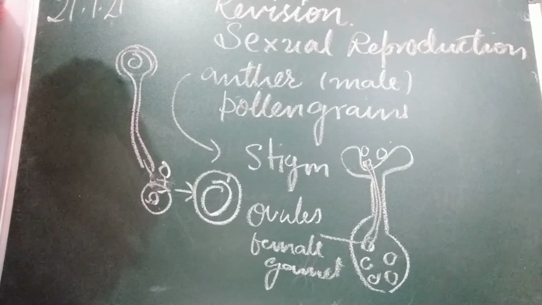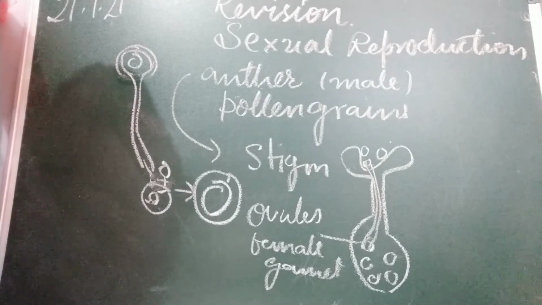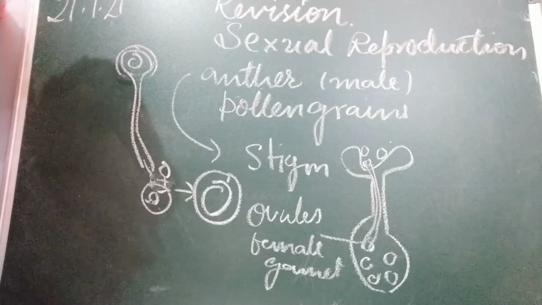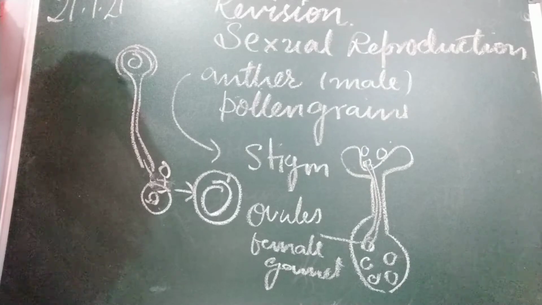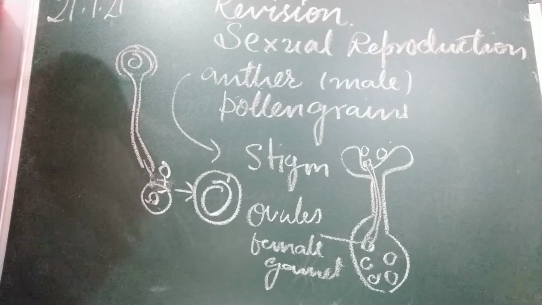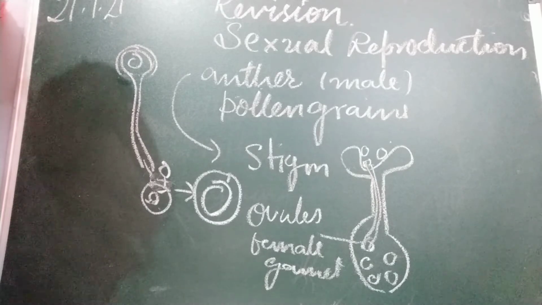After pollination, a thin tube called the pollen tube grows down from the pollen grain through the pistil. The pollen tube carries the male cell. It grows until it reaches the ovule and enters it. The male cell moves into the ovule and fuses with the egg to form the zygote.